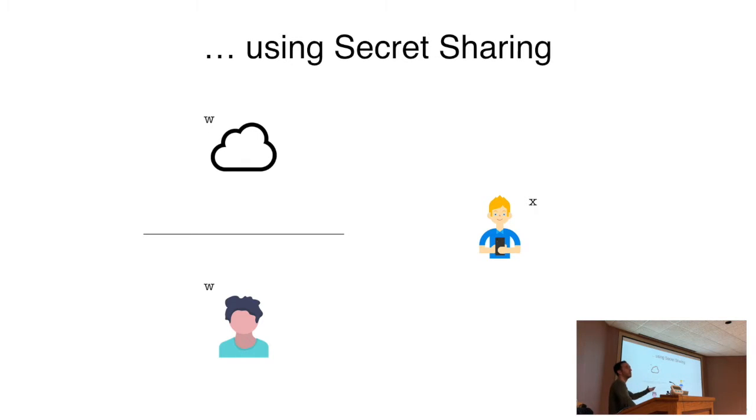You don't need 4,000 bits, for example, as we needed before in that public key. So how this is done is this person on the right is going to secret share their value, and they're going to send it to these two servers, which in concert will compute the dot product.